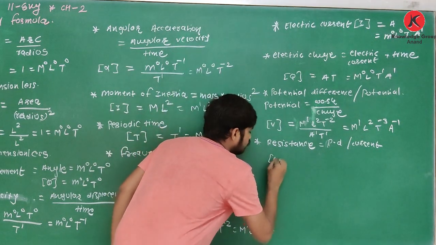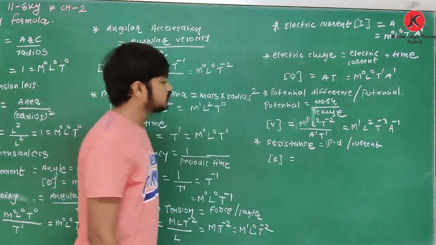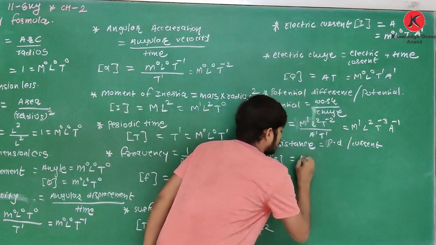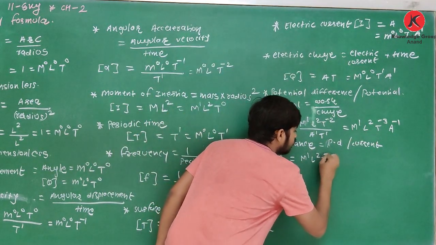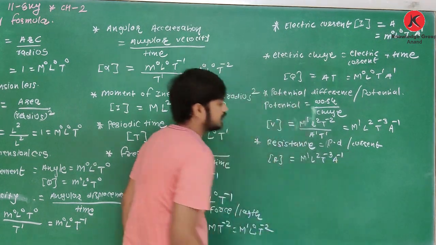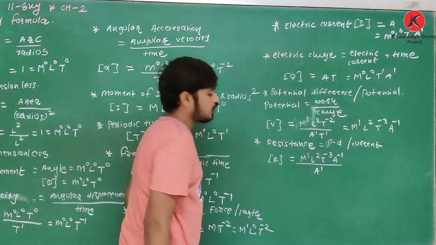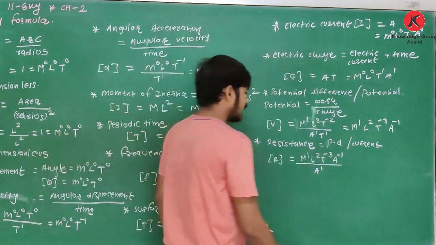So dimensional formula of resistance R is equal to, chalo, what is dimensional formula of potential difference? It is M1 L2 T minus 3 A minus 1. What is dimensional formula of current? Obviously it is A1, or you can write only A. So yes, here how to simplify?